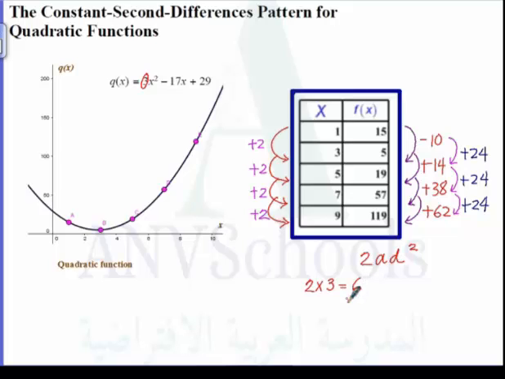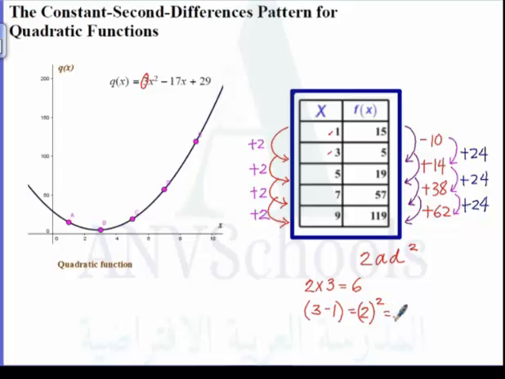And the square of our common difference, so the difference between the x values, for example, 3 minus 1. We get the first x value and the second x value. So 3 minus 1 is equal to 2. And we have to square it.